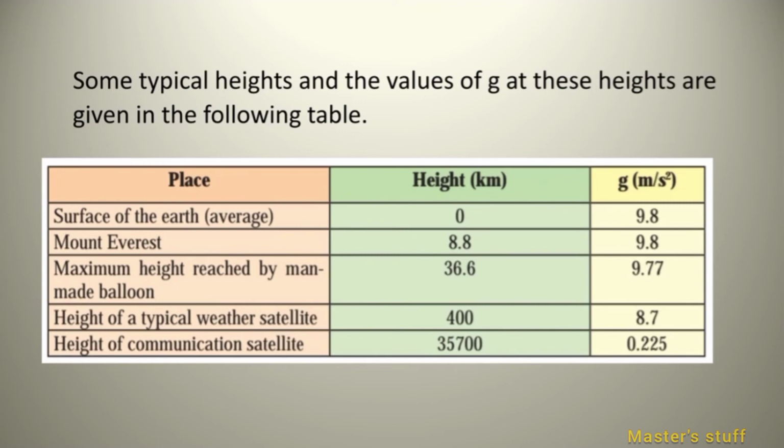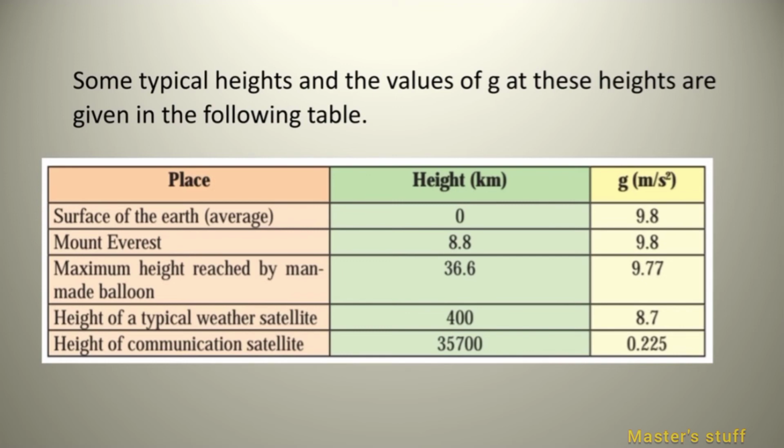On the surface of the Earth, on an average, height is 0 and the value of g is 9.8. At Mount Everest, height is about 8.8 km. The value of g changes, but the change is negligible, so it is considered as 9.8 meter per second square.